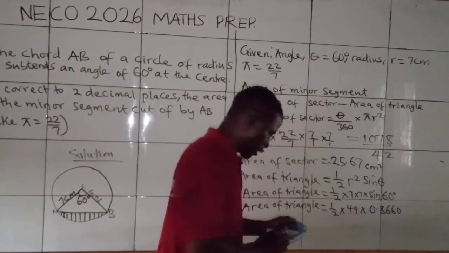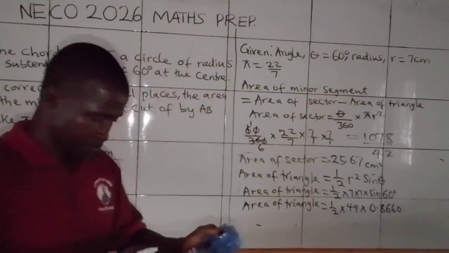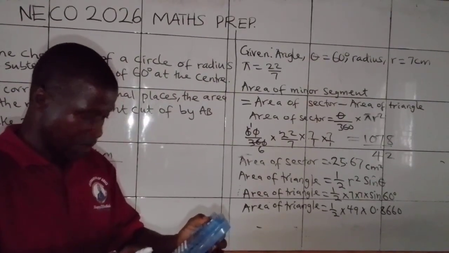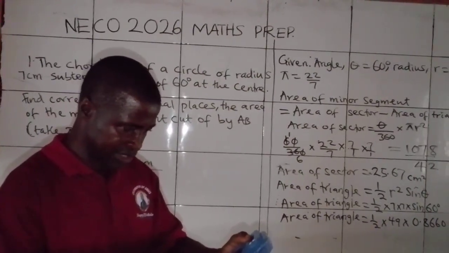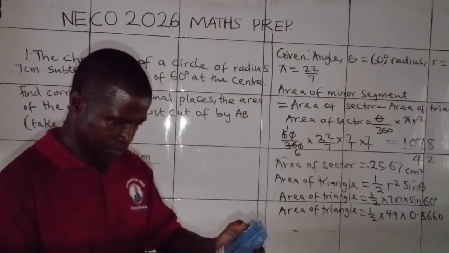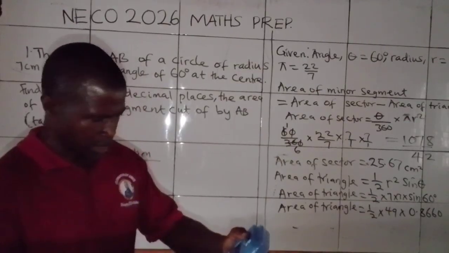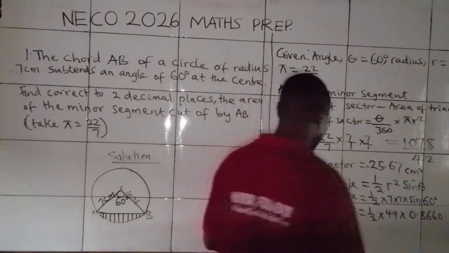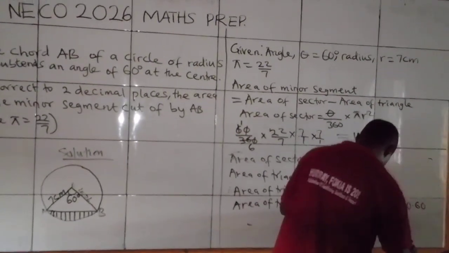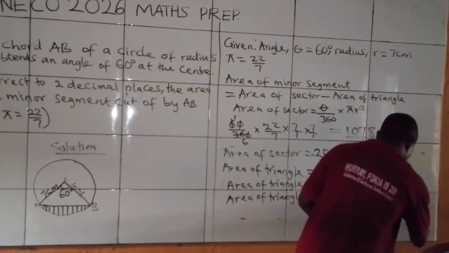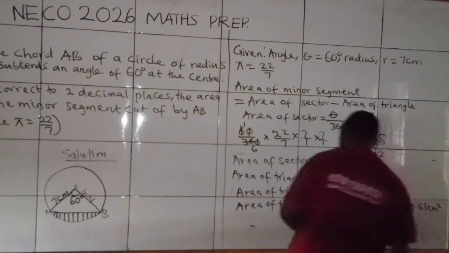So now we multiply the values together. We have 49 multiplied by 0.8660, then divided by 2, we have 10.60, which is equal to 10.61 by approximation. We have 10.61 centimeter square.